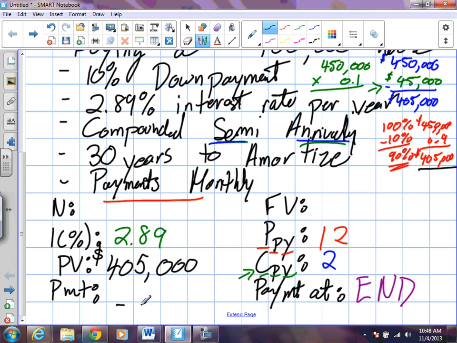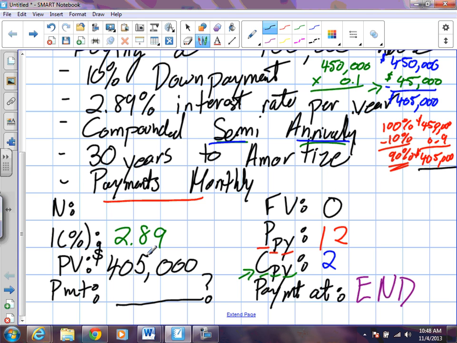Our PMT here is our payments. We're going to figure it out. Future value has nothing to do with what we're talking about right now. If you're on a mortgage calculator on the internet, they won't have an option for future value, but for your financial calculator, just put in the value of 0. Present value is the loan we're taking out, the mortgage.